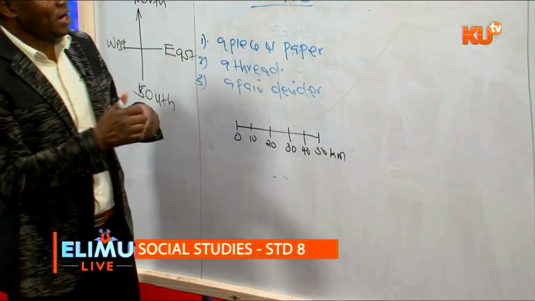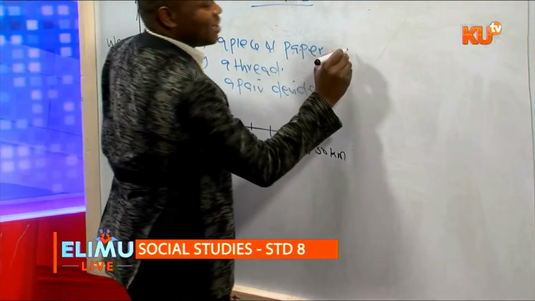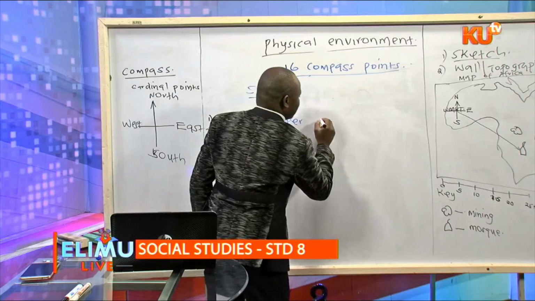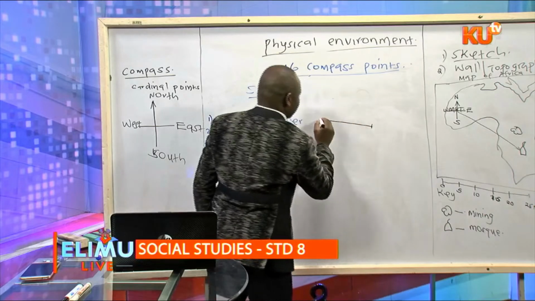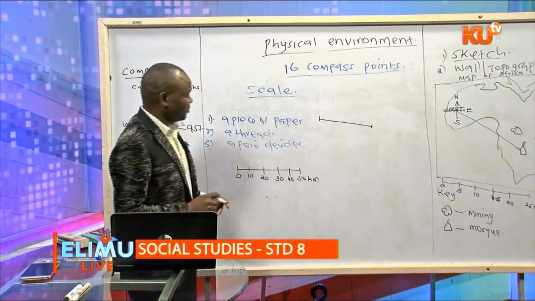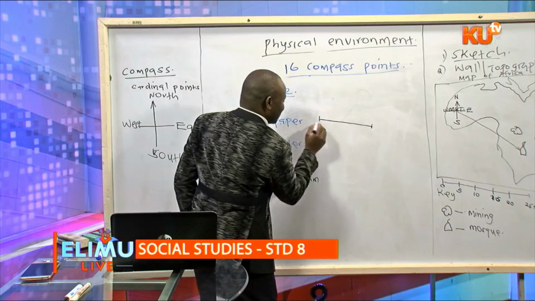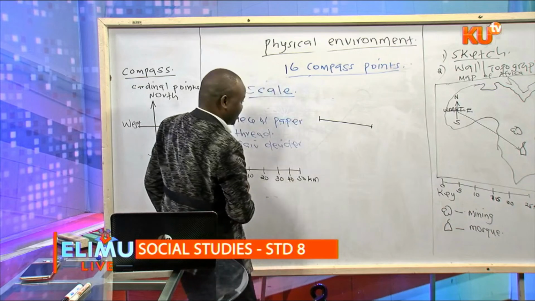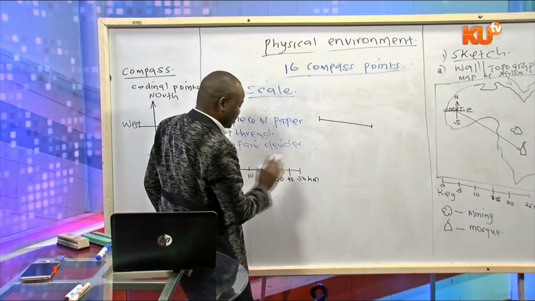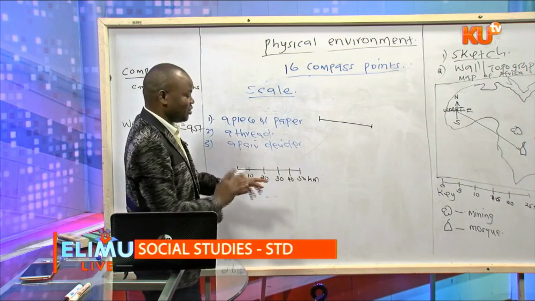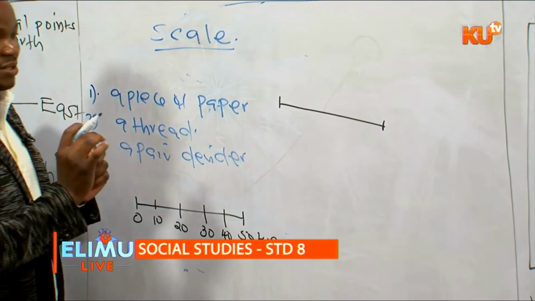Of course, for example, you want to measure the road. The road ranges from this part to this part. So that road, you are going to start always from 0 when you are measuring. Always start from 0, not any other, not 10, not 20, or at any other point. Always start from 0.